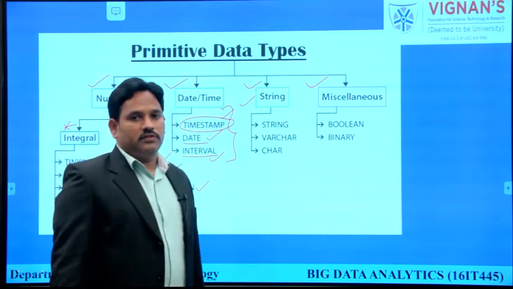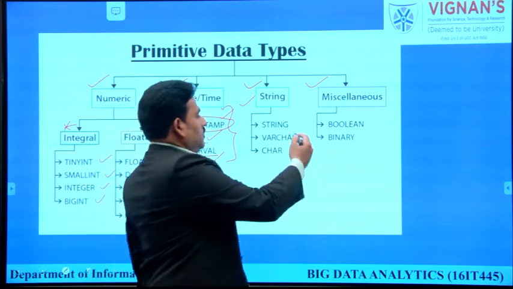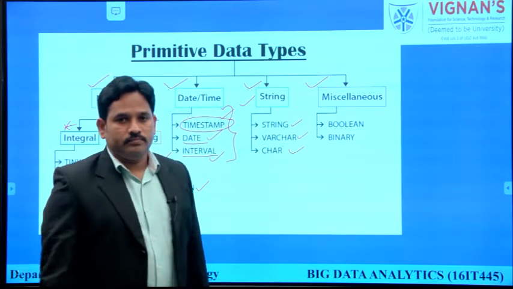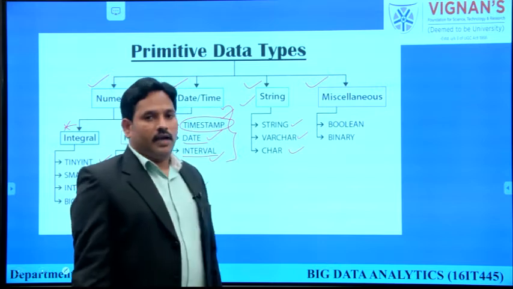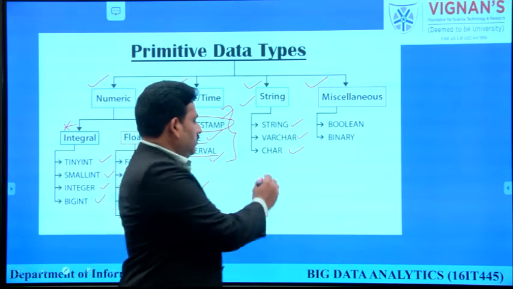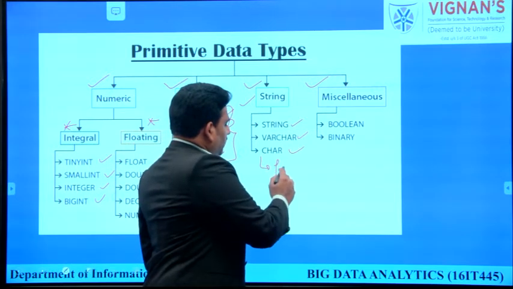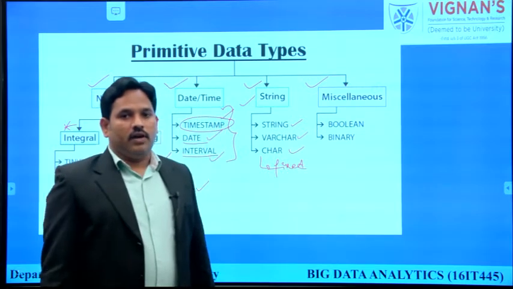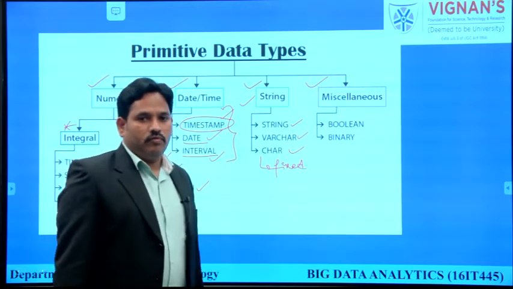In string we have three categories: string, varchar, and char. Char is a fixed character string data type. That means it will not allow variable length values.